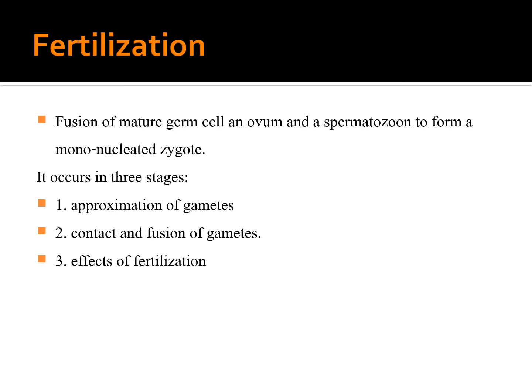It occurs in three stages. First is approximation of the gametes, second is contact and fusion of gametes, and the third is effects of fertilization. We are going to see these three stages in the next slides.